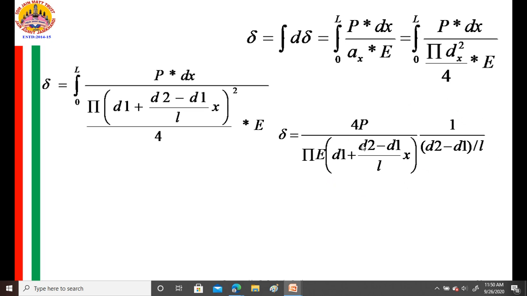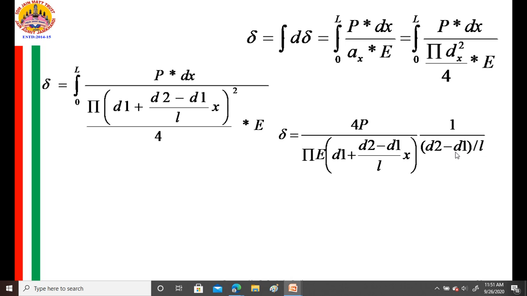Yes, what is left out? Then I need to take the differentiation of dx. I need to divide by it, d subscript x. Like the integral of sine of 2 theta, what are you doing? Sine of 2 theta divided by 2, the differentiation of 2 theta.